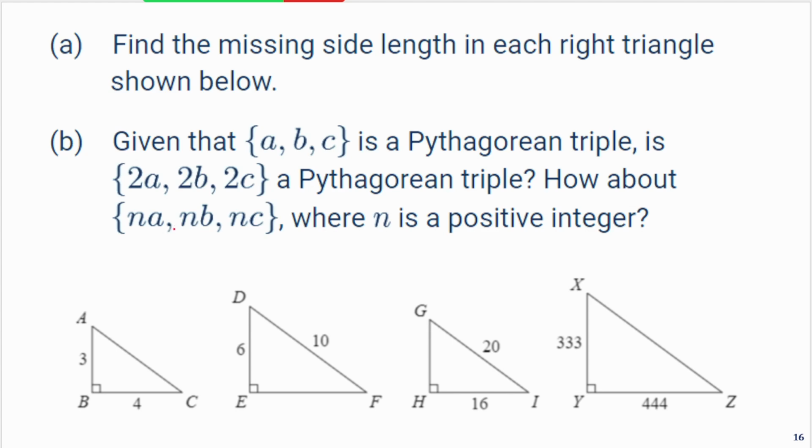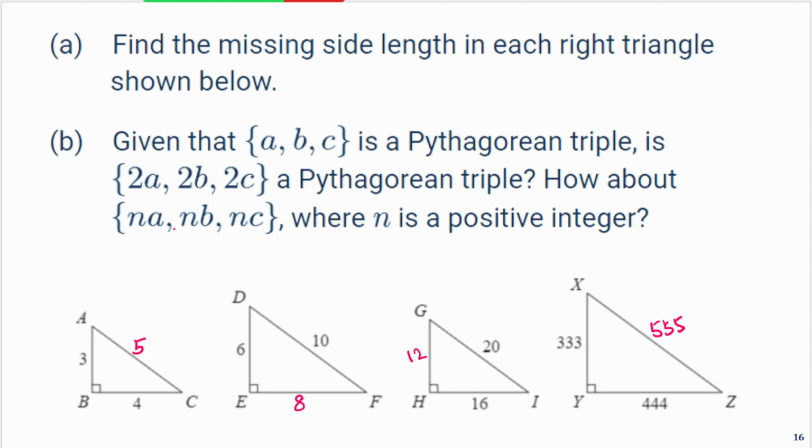So we can easily see that AC must be 5 here, right? And in the second right triangle, you can use a calculator to find EF is actually 8, right? For the third triangle, we have GH equals 12. The last triangle, we have XZ is 5, right?